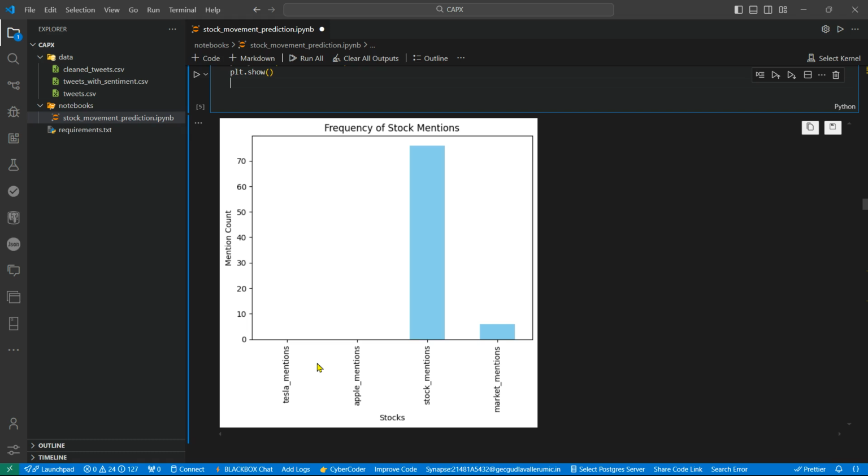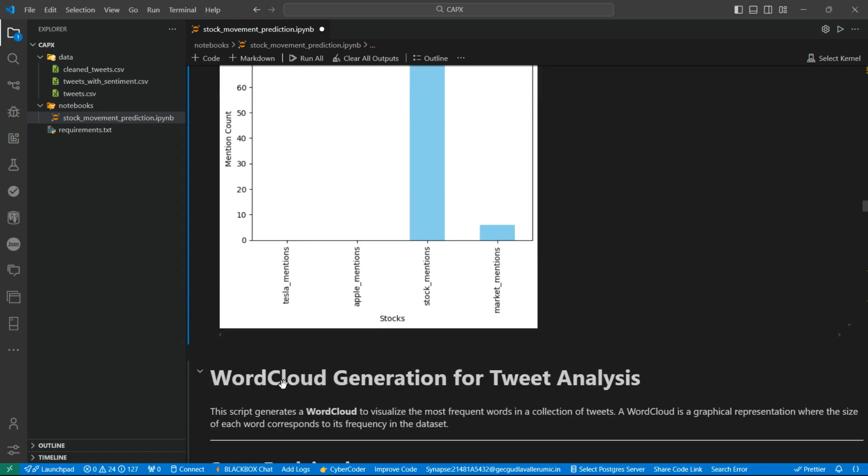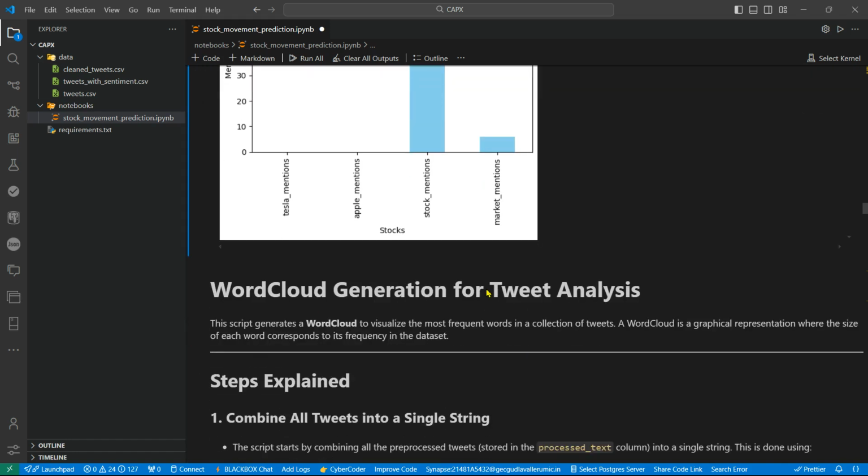For that, we looked at the tweets about the stock market. We mostly got stock mentions and market mentions, and they are high, so that is what we are visualizing. There is no data with respect to Tesla and Apple, which is why it is represented like that.